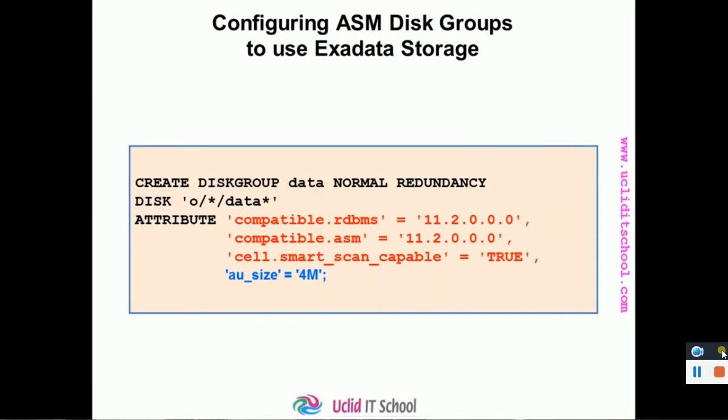Then, if you are running different versions of the databases on Exadata, compatible.rdbms must be set to the minimum version. Suppose you have an 11.2 and a 12.1 database on Exadata, it should be set to 11.2, and ASM compatibility should always be higher in the configuration, that is 12.1.